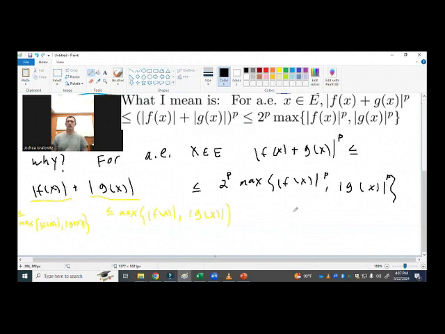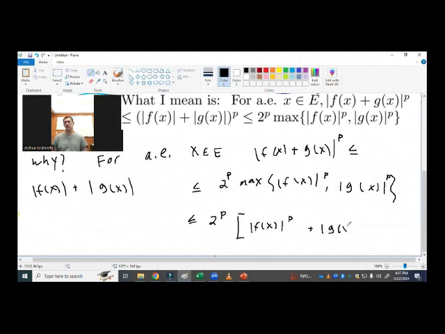Okay, but this is less than or equal to 2 to the p times the max, and the max is less than or equal to the absolute value of f to the p plus the absolute value of g to the p.